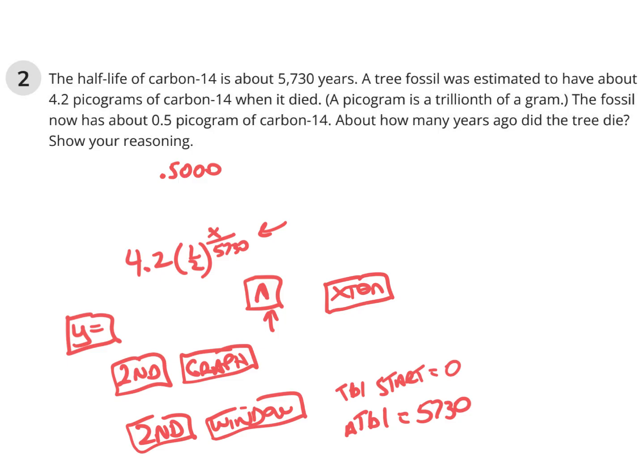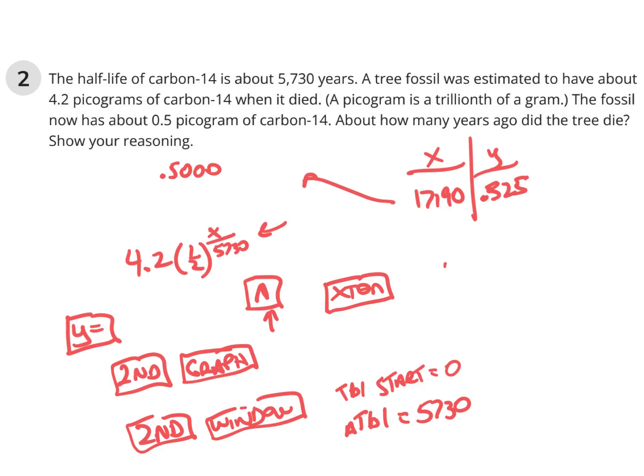And then you'll see 0 is 4.2, 5730 is 2.1. At 11,460 years, you're at 1.05. And when x is 17,190, that's your time, y is your grams, 0.525. Since 0.525 is close to 0.5, it's a little bit more.